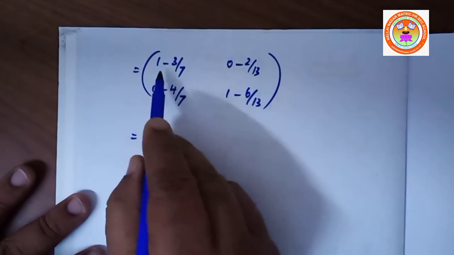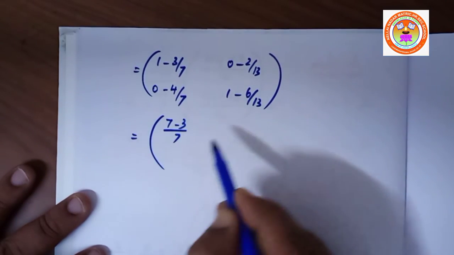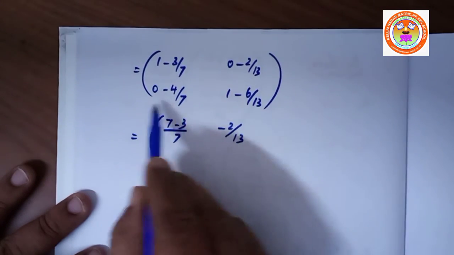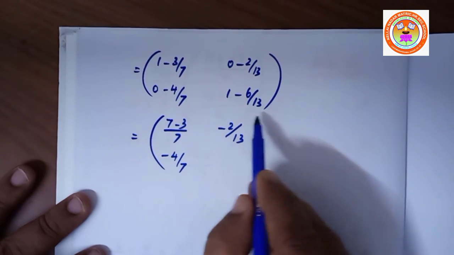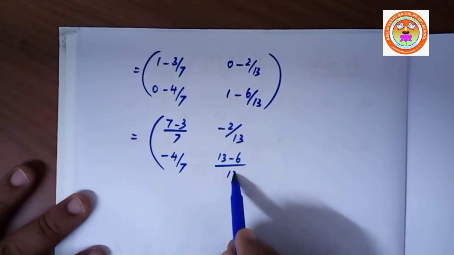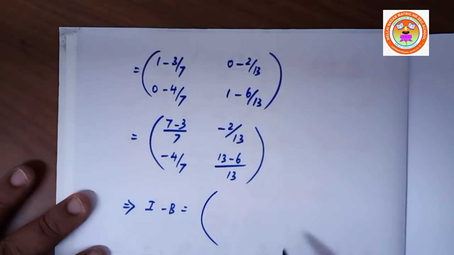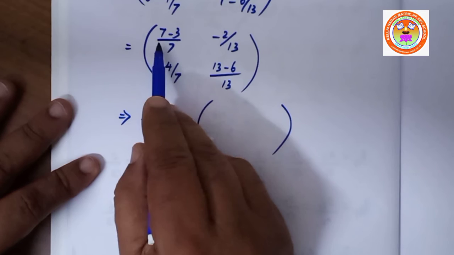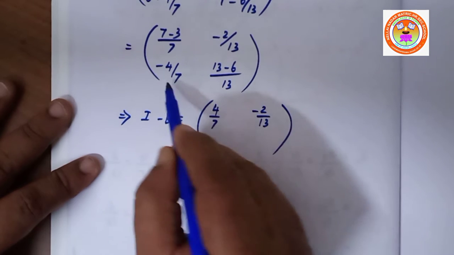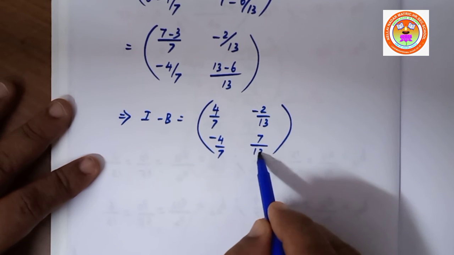If you subtract, 7 is the LCM, 7 ones are 7, minus 3, whole divided by 7. 0 minus 2 by 13 is minus 2 by 13. 0 minus 4 by 7 is minus 4 by 7. And 13 is the LCM, 13 ones are 13 minus 6, whole divided by 13. Which implies I minus B is 7 minus 3, that is 4, 4 by 7; 0 minus 2, that is minus 2 by 13; 0 minus 4 by 7; 13 minus 6, that is 7 divided by 13.